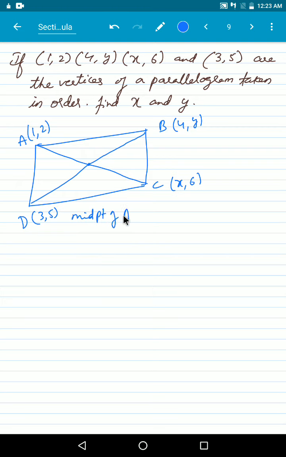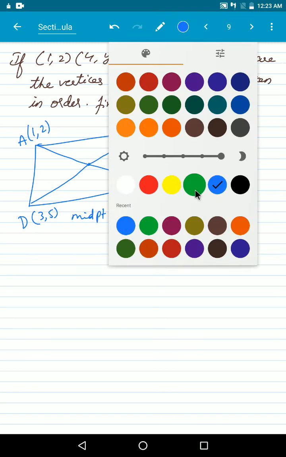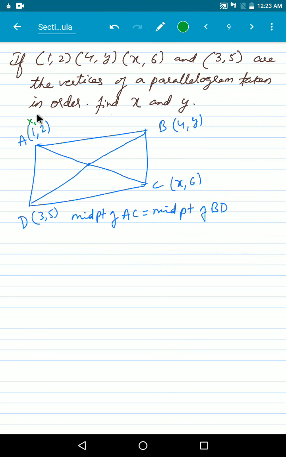Midpoint of AC should be equal to midpoint of BD. Okay, so let us find this. If we take this as x1 y1, this as x2 y2, what is midpoint of AC now? (1 plus x) by 2 comma (2 plus 6) by 2.